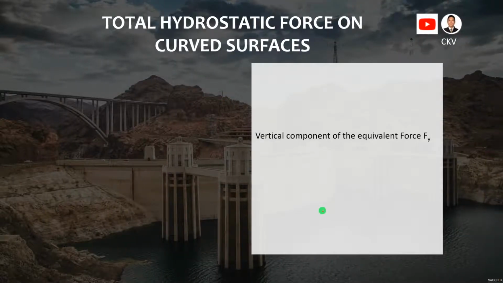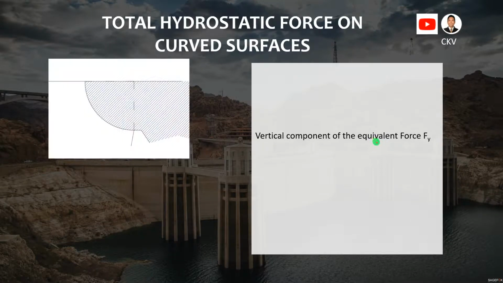For the vertical component of that equivalent force, let's say we have again a curved gate. We have a solution of Fy equals the product of the unit weight of the fluid and the volume. This volume right here is the volume above that curved surface.